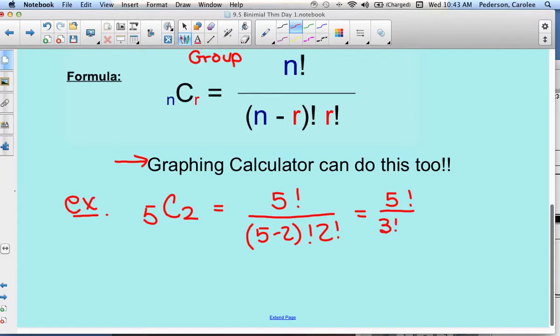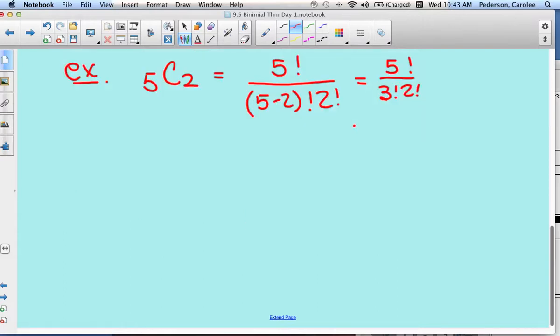So we have 3 factorial and then 2 factorial. If you remember factorials from earlier in this chapter, 5 factorial represents 5 times 4 times 3 times 2 times 1. And then 3 factorial is 3 times 2 times 1. And then 2 factorial is 2 times 1.